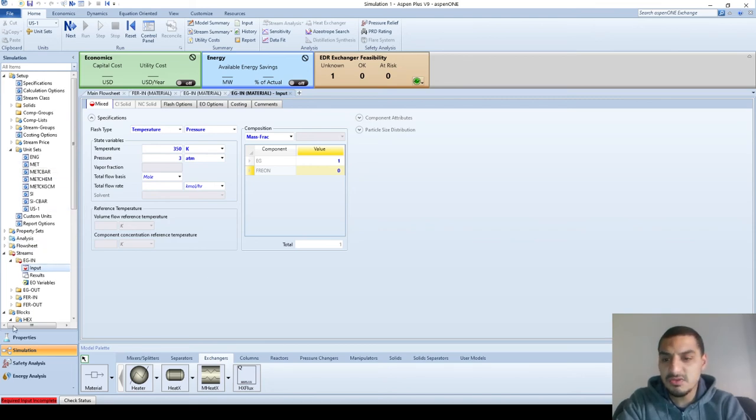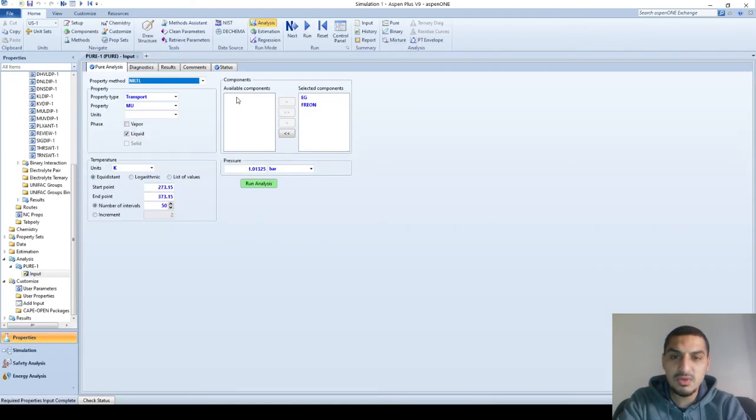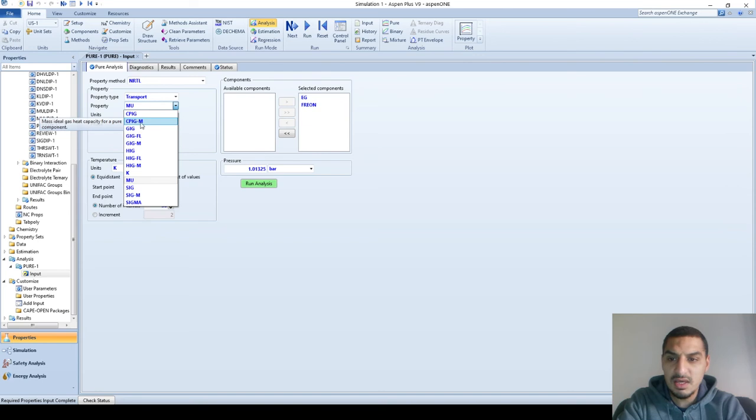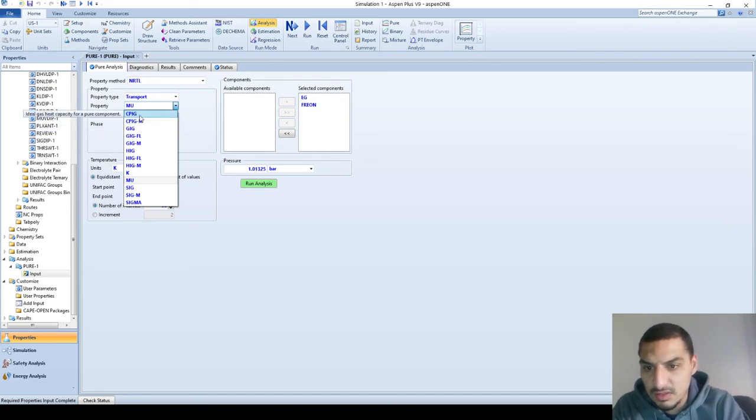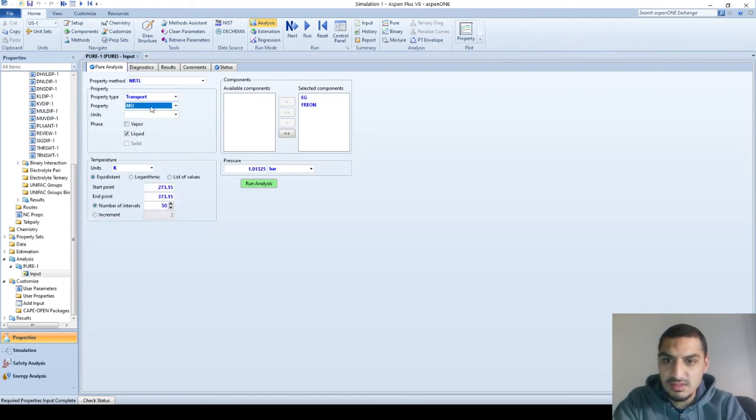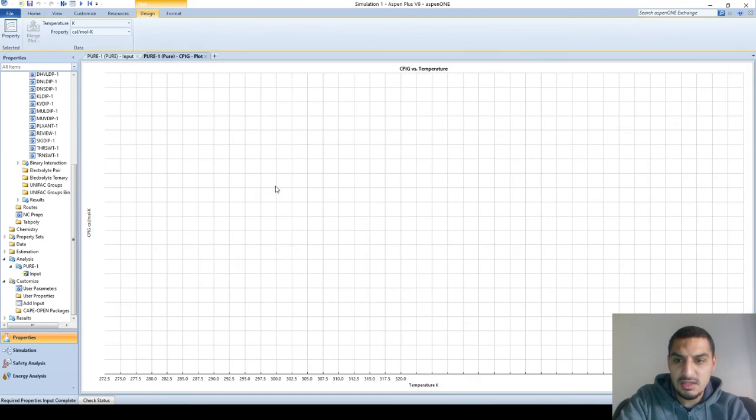So to do this, I can repeat what I did before, but instead of doing it for mu, I would do it for the Cp. It's not here, it's the ideal gas. It's not the ideal gas. I want the Cp. Okay, let's go for it just to get a sense of the numbers, and then we'll see.